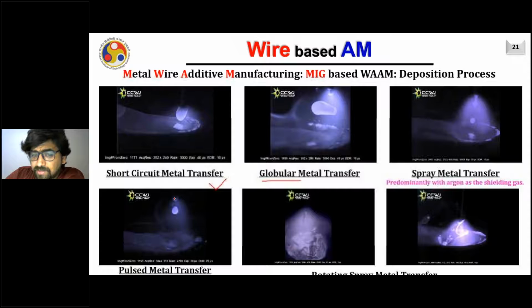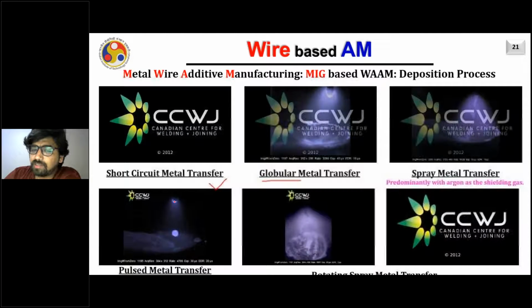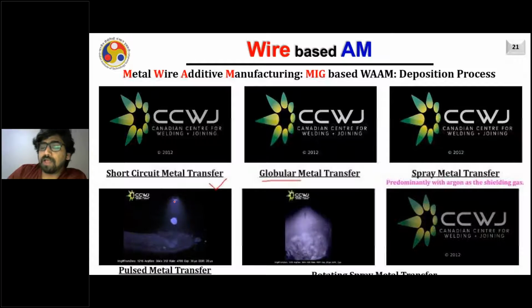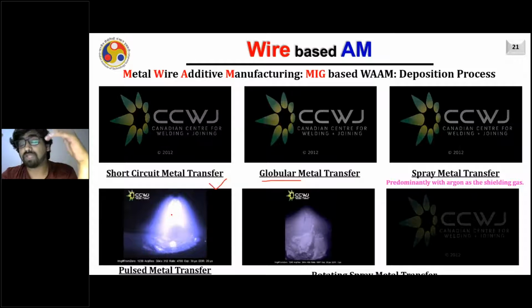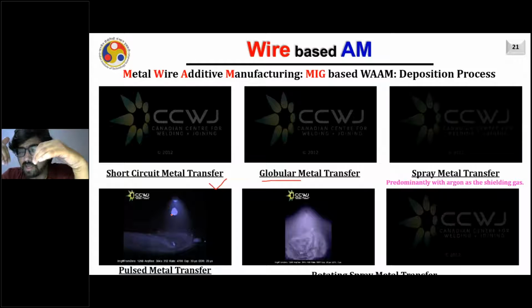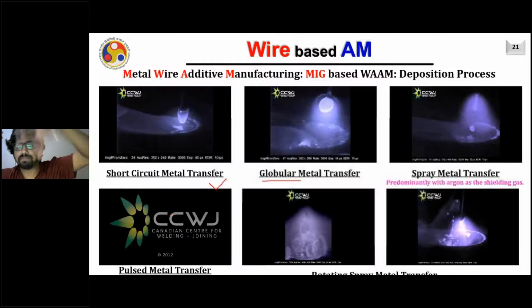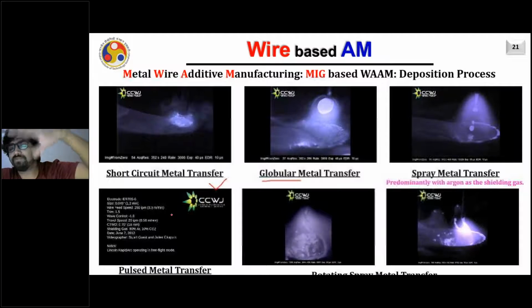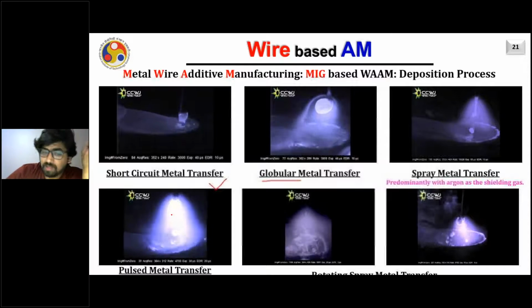Instead, there are two types of current here. One is the background current, another is the main current. The background current just makes sure the arc is sustained, while the main current makes sure that the wire gets melted and detaches a droplet which can travel towards the melt pool. That is nothing but the pulse metal transfer.